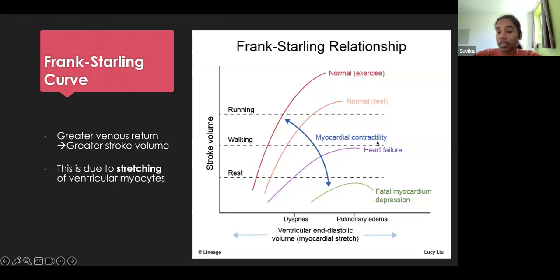It can become pathological in heart failure, because now your contractility is a little less because your heart is struggling, and so you need a lot more stretch to produce the same increase in stroke volume. Then you can get fatal myocardial depression, where essentially it's very difficult to even stretch your heart that much to produce the adequate amount of stroke volume. You do see a tailing off here, but that's not seen in real life, but you may see this on a curve.